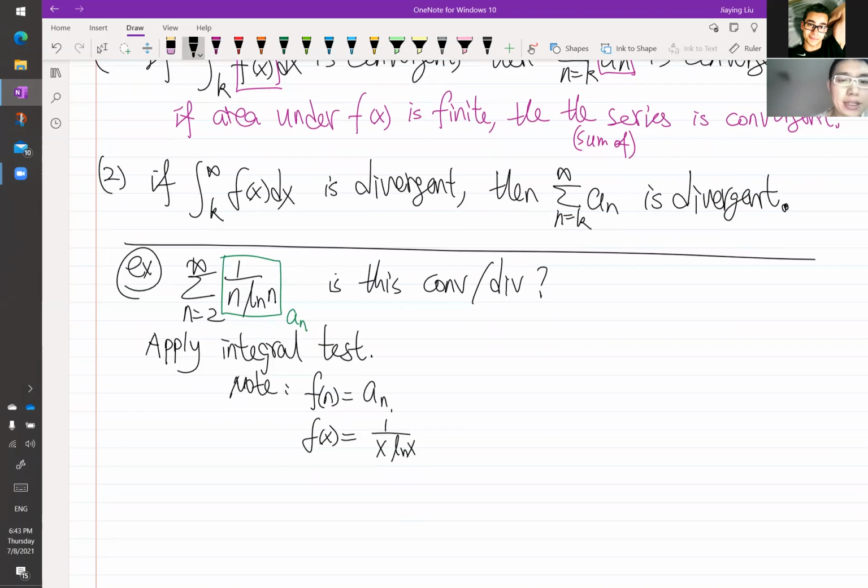Right? And then we're just going to try to find the integral of f of x, with x going from 2 to infinity, of 1 over x natural log of x dx. And we want to know if this is convergent or divergent, because the convergence of this integral will decide the convergence of the series.